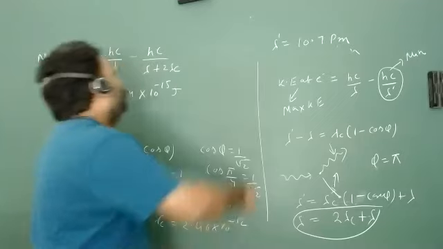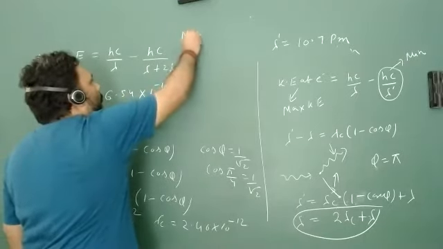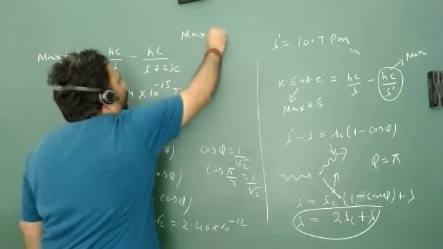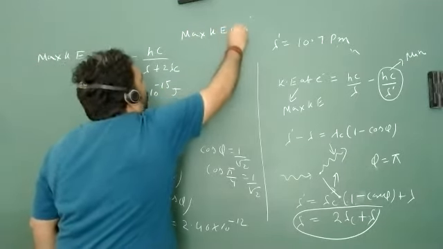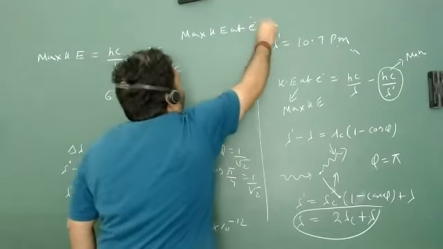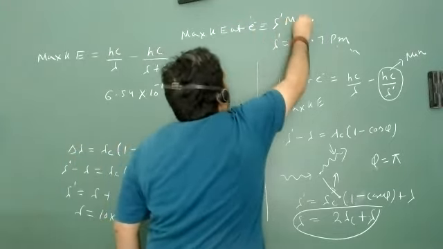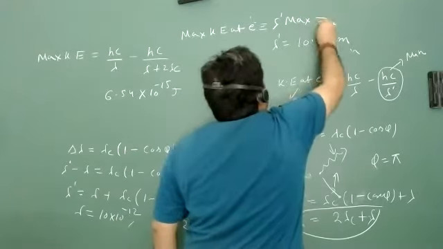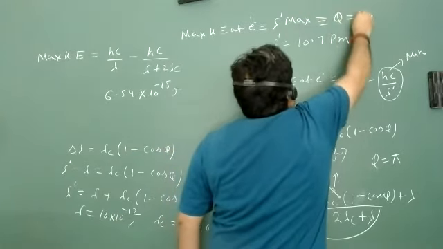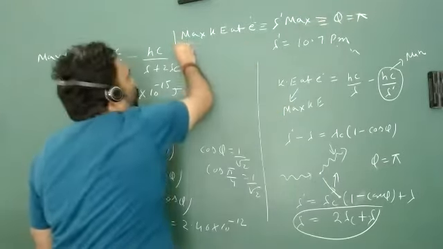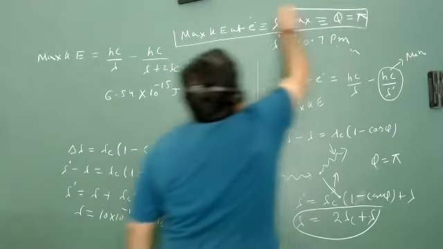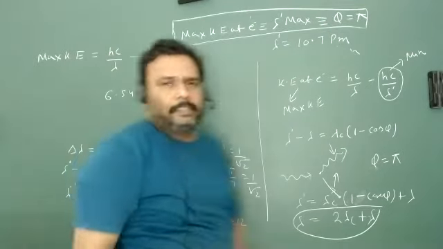So I can make an algorithm: maximum kinetic energy of electron is equivalent to lambda dash maximum, equivalent to phi equal to pi. This algorithm you have to remember whenever the question comes in your examination.